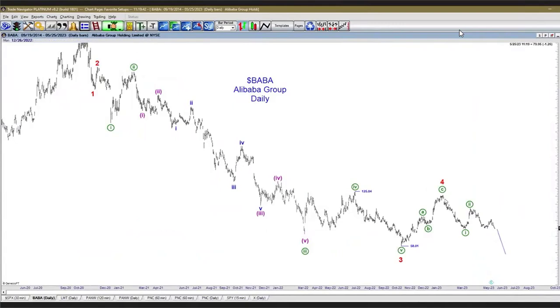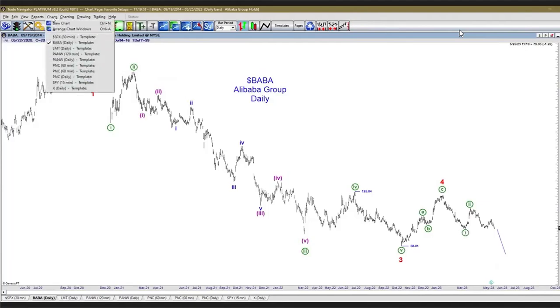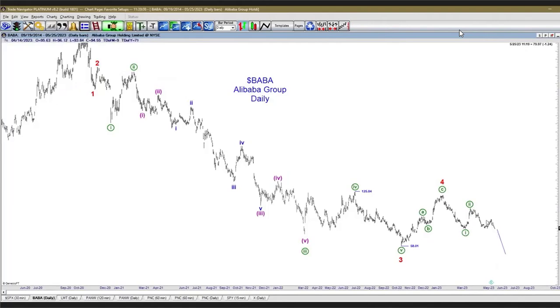And so you could have been a seller somewhere around here, and then maybe when you counted 5 waves down, you could cover part of the position and allow for a rebound. And now it looks like it's ready to keep breaking on back to the downside. So this was a great, clear Elliott setup, and it looks like it has more to go.